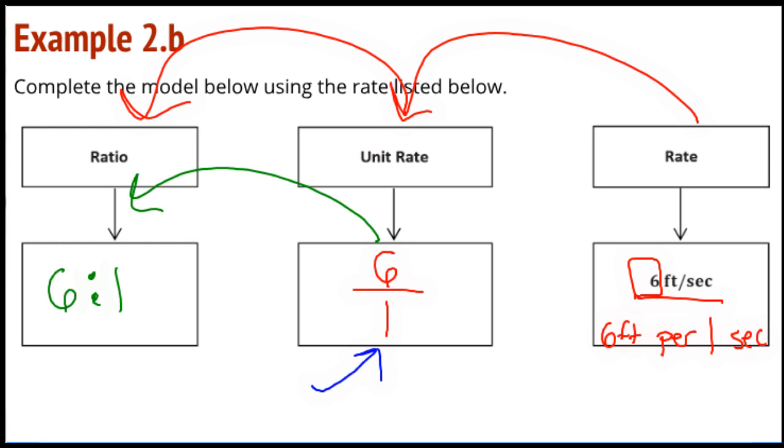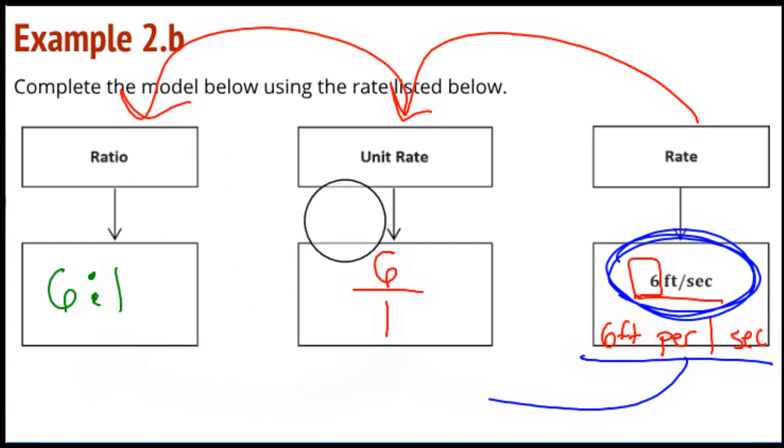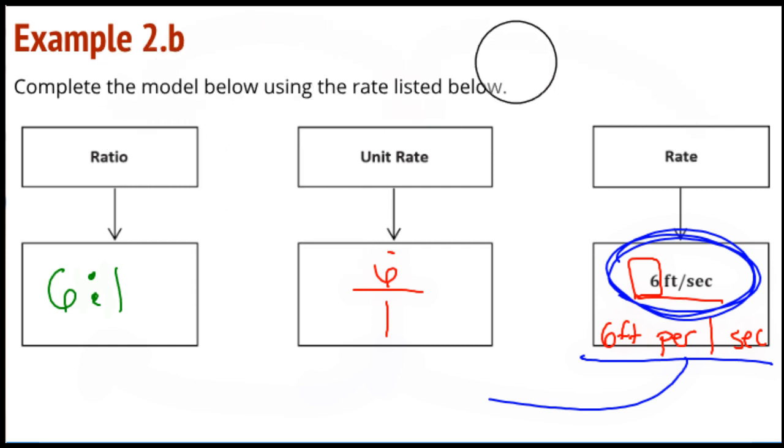So I've now taken a rate, and I like to think of it as unpacking. There's a whole bunch of information packed into this, and I have spread it out and thought about what it means.